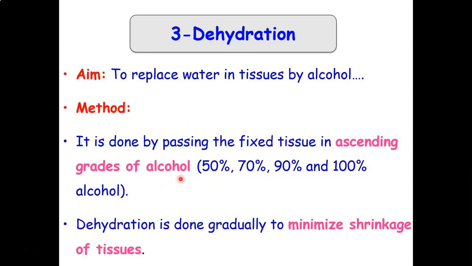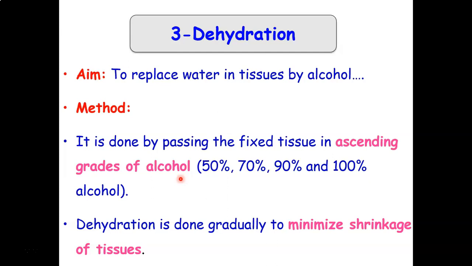Number three, dehydration, to replace the water in tissues by alcohol. You know that the most common chemical component of any living organisms is the water. The process of microtechnique and the process of fixation includes the removal of the water from the tissue and replacing the water by the alcohol.